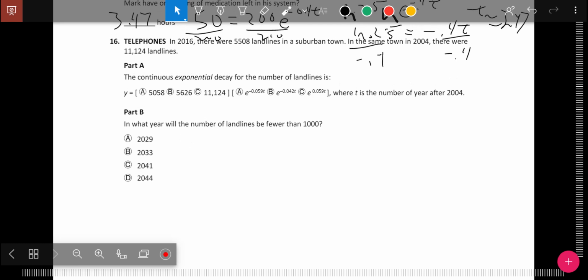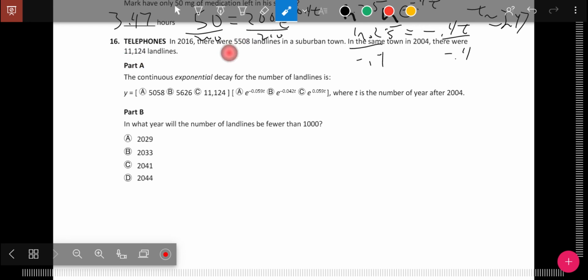In 2016, there were 5,508 landlines in a town. That same town, though, in 2004, had 11,124 landlines. Continuous exponential decay for the number of landlines is y equals the initial amount. Which of these is the initial amount?